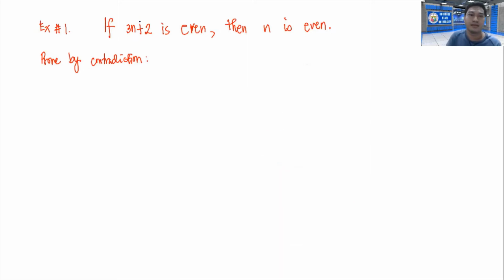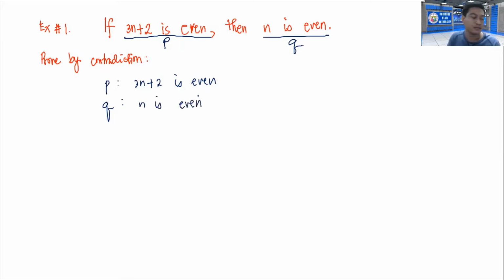So this is our P, and this is our Q. Take note that P is 3n plus 2 is even, and our Q is n is even. Accordingly, the negation of P becomes 3n plus 2 is odd, and the negation of Q is n is odd.